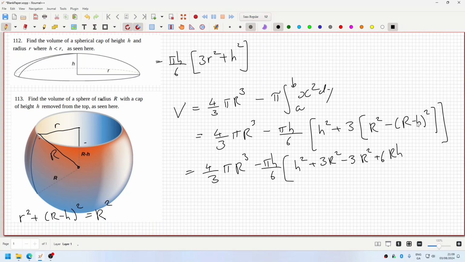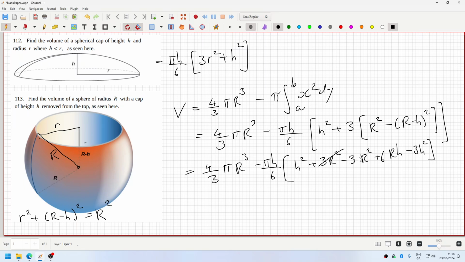And then that's plus h squared minus 3h squared. Let's double check that. h squared, 3r squared minus 3r squared, and then that's minus plus 6rh minus 3h squared.